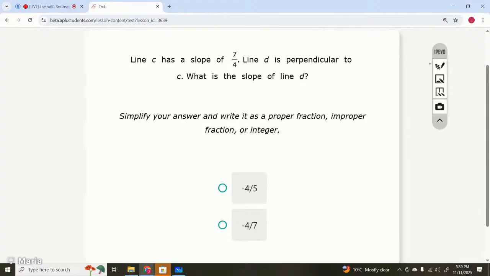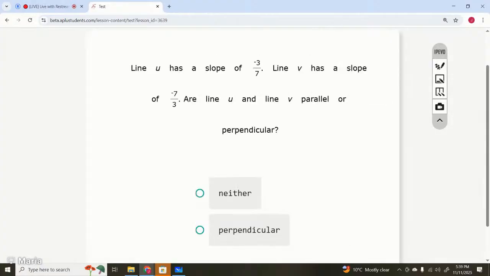The lines are perpendicular, so their slopes are negative reciprocals, that is negative 4 by 7.